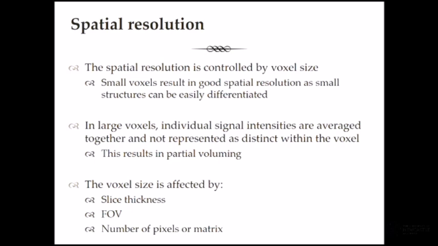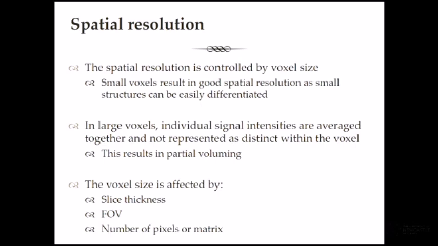So what all that is saying is that if we're trying to image a structure that is 3 millimetres in size and our voxel size is, say, 5 millimetres, we're not going to necessarily be able to differentiate that from an adjacent normal structure.